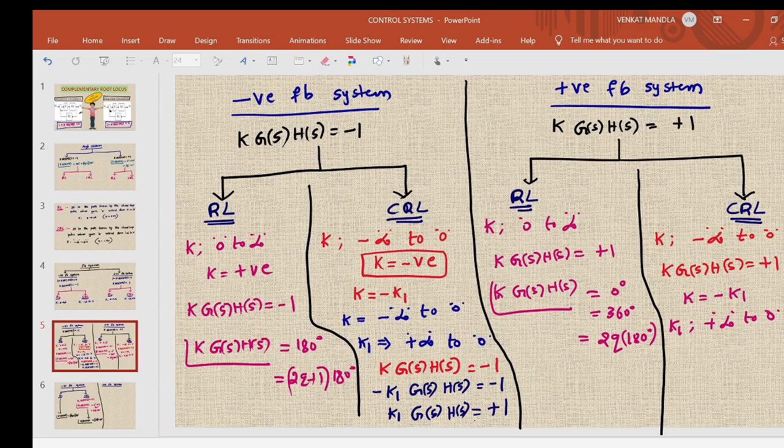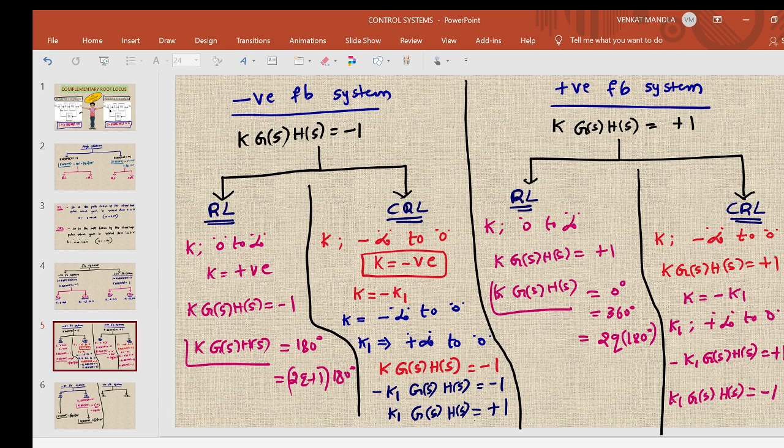If k varies from minus infinity to 0, then k1 varies from plus infinity to 0. Replace k by minus k1 in the equation: minus k1 GSHS equal to plus 1, that is k1 GSHS equal to minus 1.